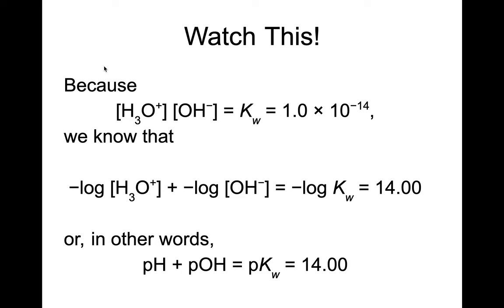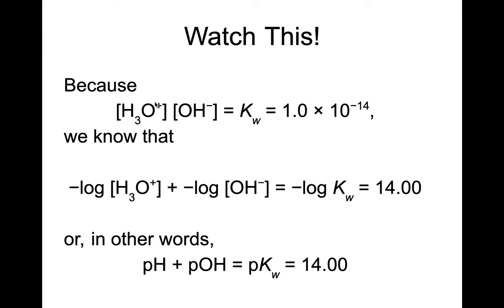And check this out. Let's do it, just because. So if we applied this, we know that Kw, we wrote this expression out earlier, is equal to the concentration of the hydronium ion times the concentration of the hydroxide ion, and we also said that it was always equal to 1 times 10 to the negative 14th for water.